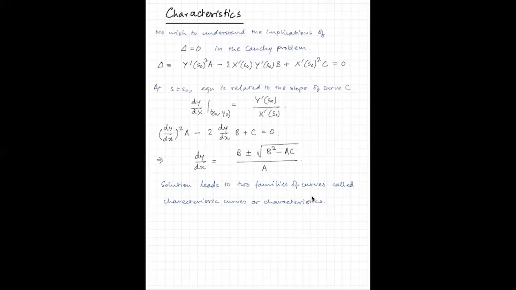A priori, you would have that these two characteristics pass through x naught, y naught, and they should be real and distinct. Remember that for a hyperbolic PDE, b squared minus ac is greater than 0.